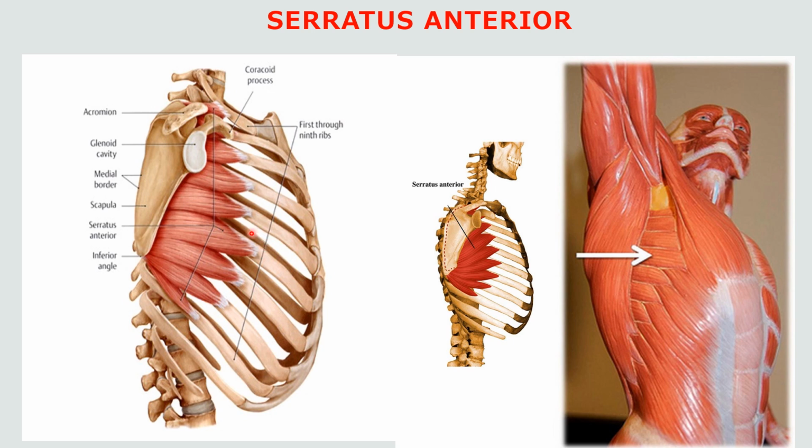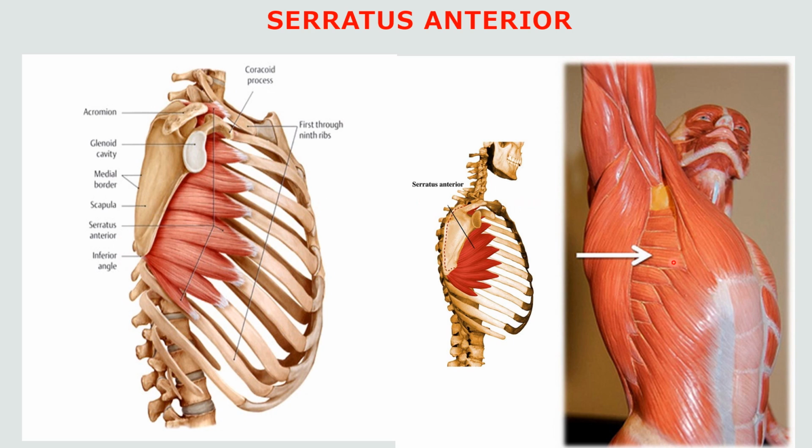The contraction of the lower 4 or 5 digitations of the serratus anterior, with the assistance of the upper and lower fibers of the trapezius muscle, rotate the scapula forward and upward so that the glenoid cavity is turned upward during elevation of the arm above the head. So these are the actions of the serratus anterior muscle.